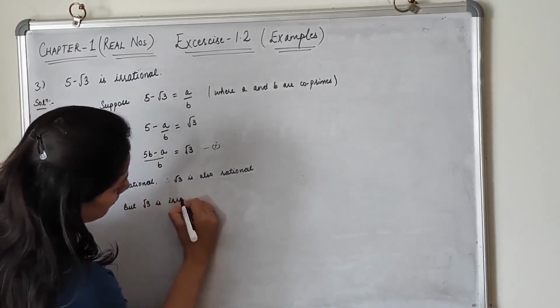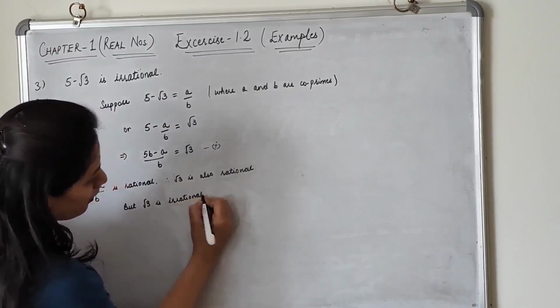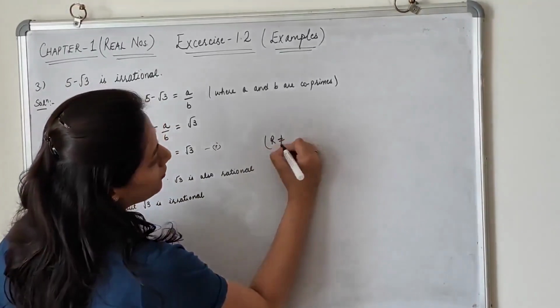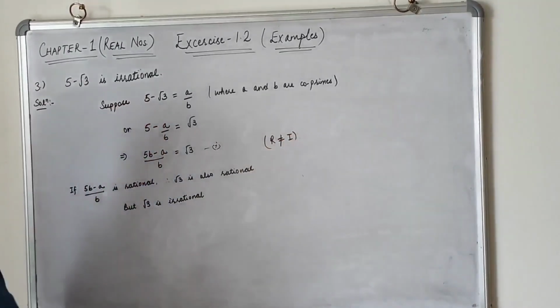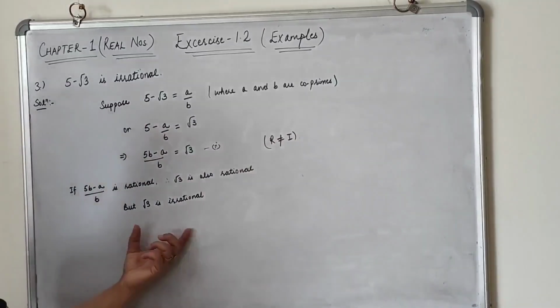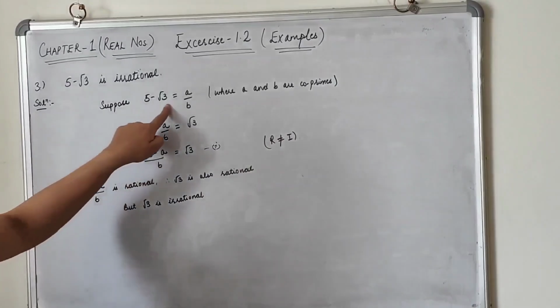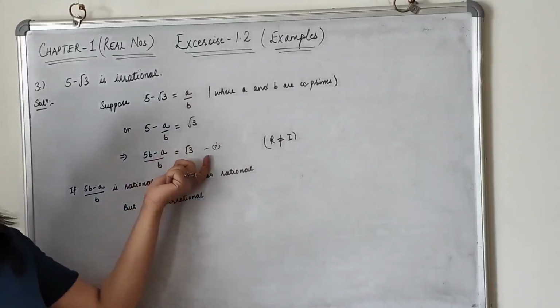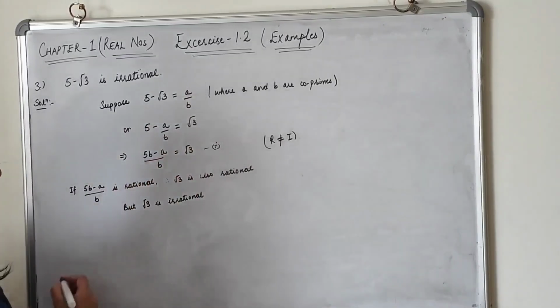But root 3 is irrational. Also, a rational number cannot be equal to an irrational number. Yes? So here a contradiction has arisen. What we assumed is that 5 minus root 3 is a rational number. But here root 3 is an irrational number.